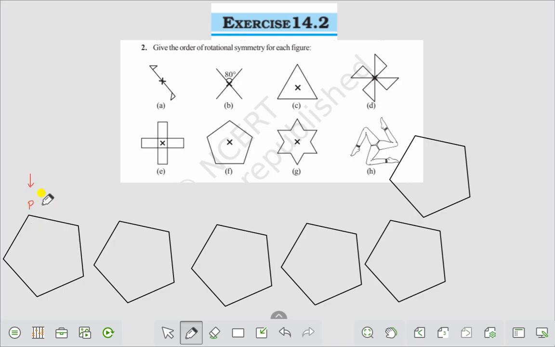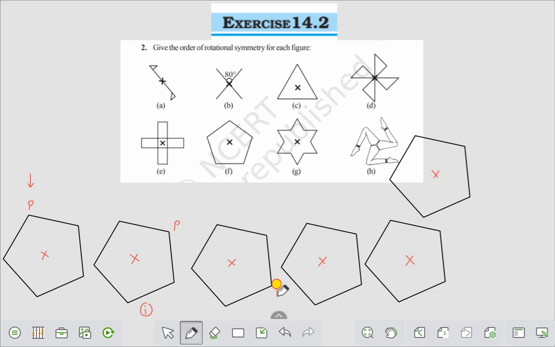If we rotate this one, this point P will come here, right? And this is the arrow. This is position 1 and it looks the same as the original figure.